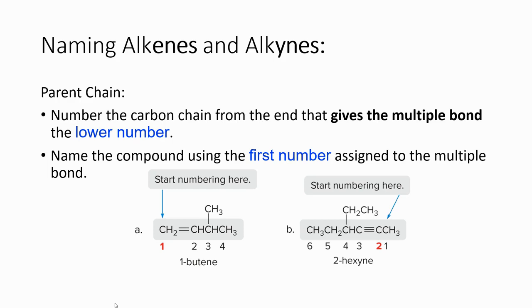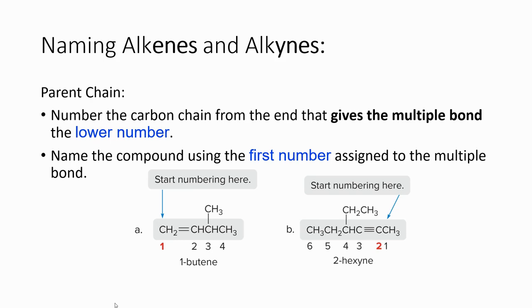Okay, so then I think you have some of these rules. For the parent chain, we're going to number just like we've been doing, but if we have a double or a triple bond, this rule overrules the other rules. We're going to number from the side that's closest to the double or triple bond. It doesn't matter if there's branches. The double or the triple bond wins.